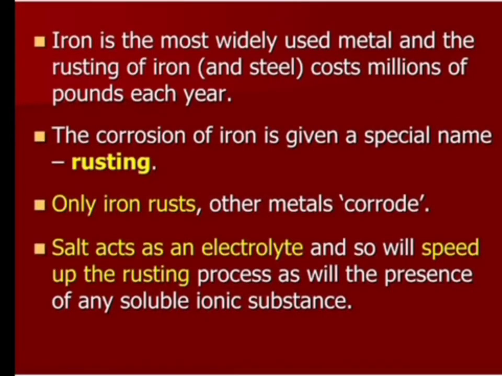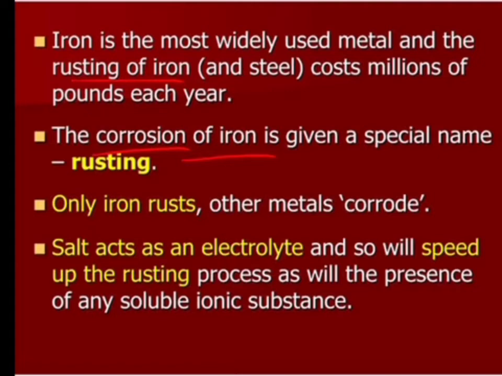Iron is the most widely used metal and the rusting of iron costs millions of pounds each year. Here is the term corrosion. The corrosion of iron is given a special name, rusting.